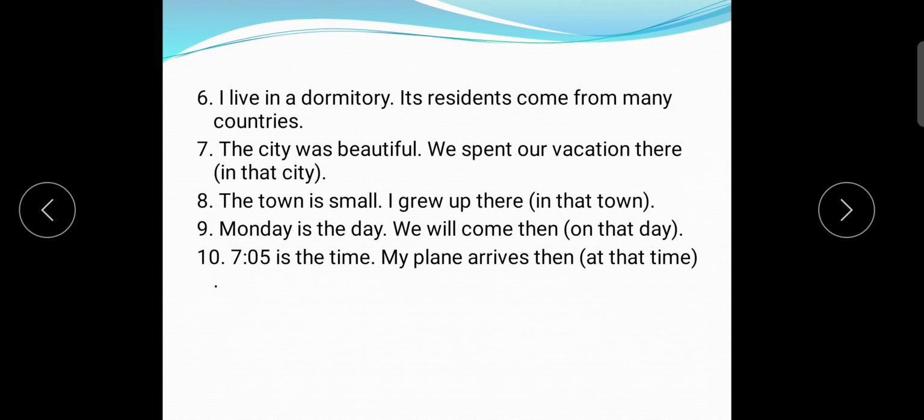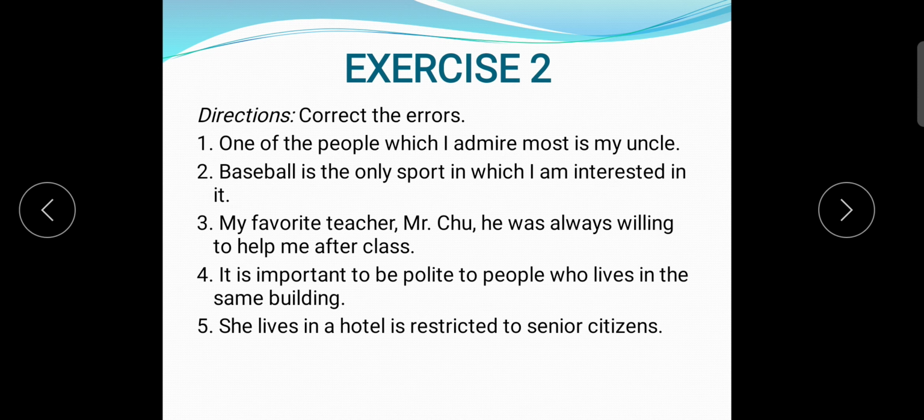Exercise 2. Direction: correct the errors. In this exercise, we have to analyze the sentences that have errors. All of the numbers in this exercise 2 have errors. For example, number 1: One of the people which I admire most is my uncle.